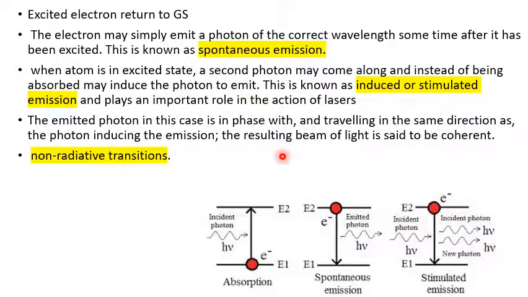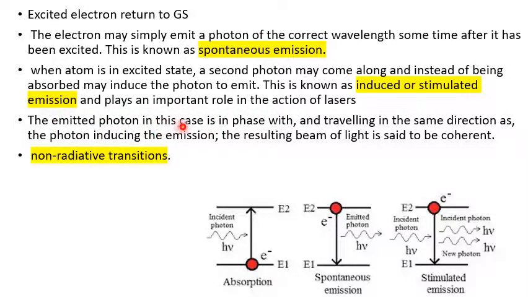The second photon is not absorbed because it comes on this excited state. It induces the photon to emit, and this is known as induced or stimulated emission, which plays a role in the action of lasers.